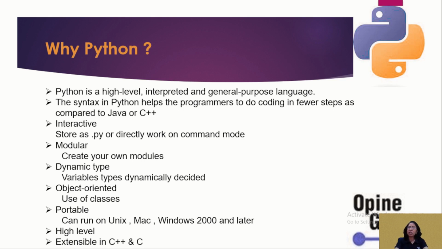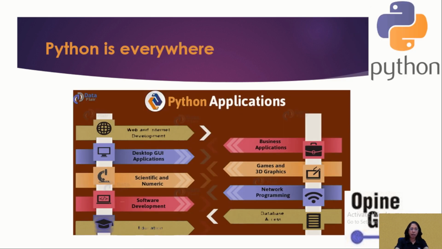Now, I just said that it has got a lot of high-level applications. Let us see what the applications are. If you see on this slide, you can find some of the applications of Python. You can use it for web programming and internet development, like AWS, which uses Python very much.